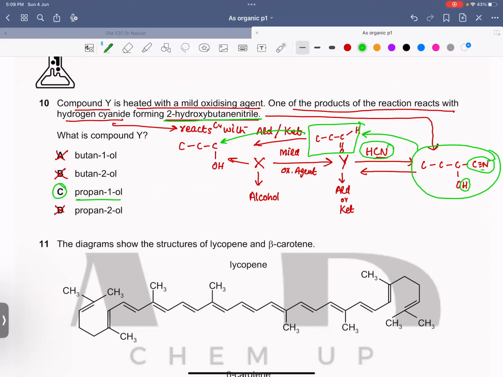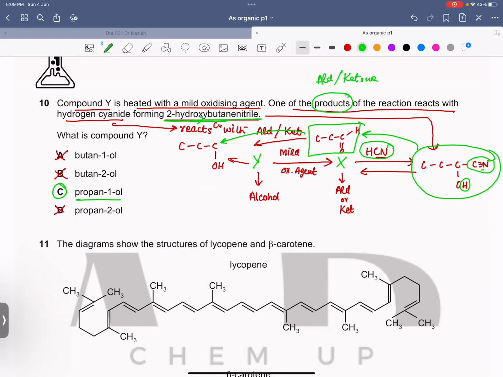So obviously it clearly means that the product is formed from Y. Okay, I just did a wrong thing over here. This is Y and this is X. So I could clearly identify that this product is basically an aldehyde or ketone.